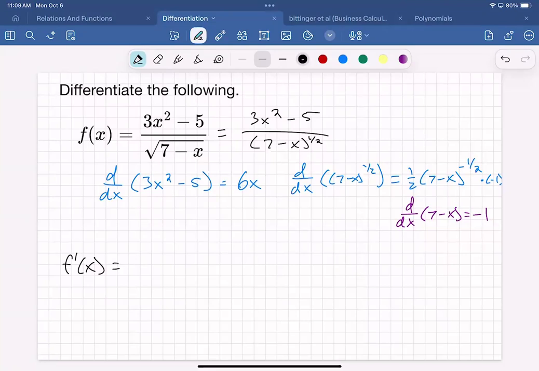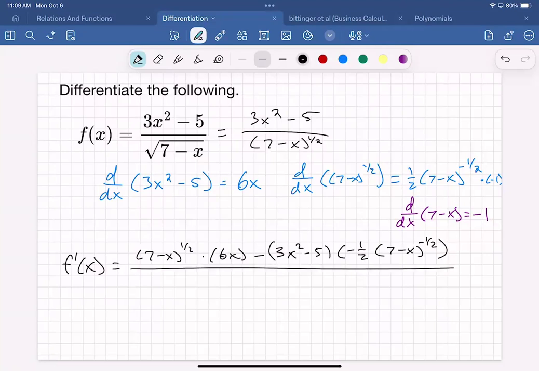My favorite way to remember it is low times the derivative of top, so low d high minus high d low all over low squared.